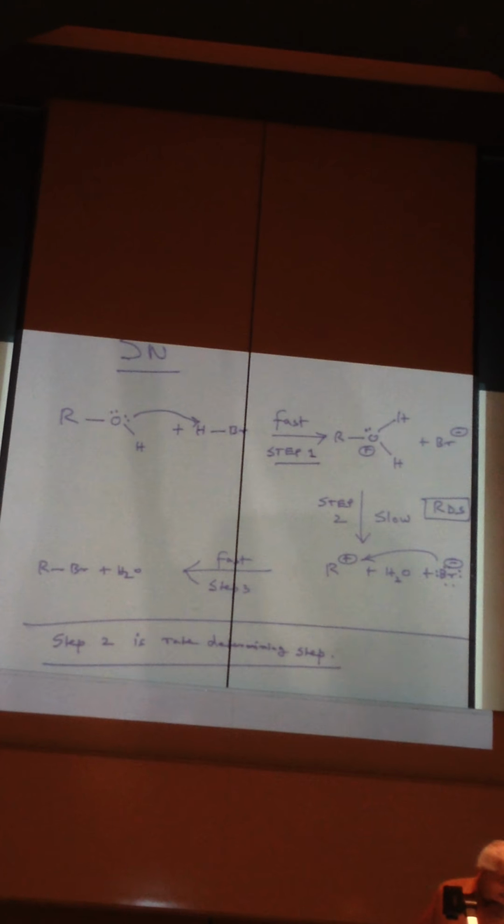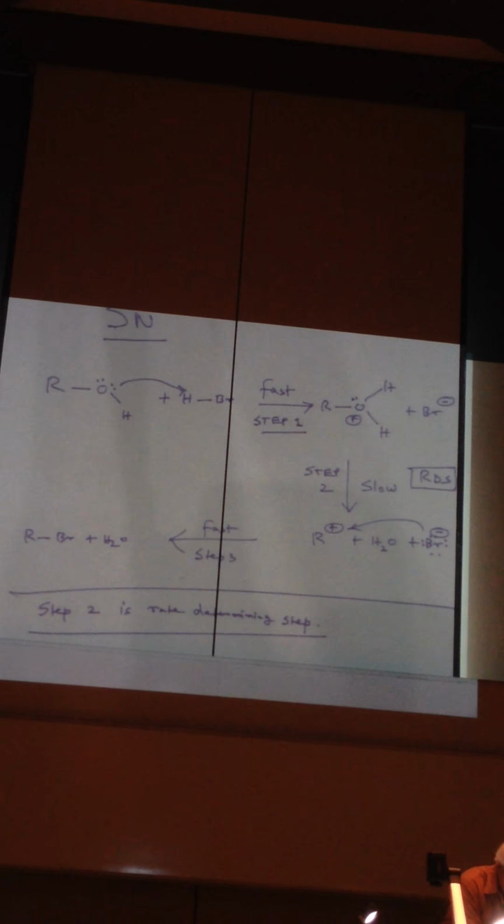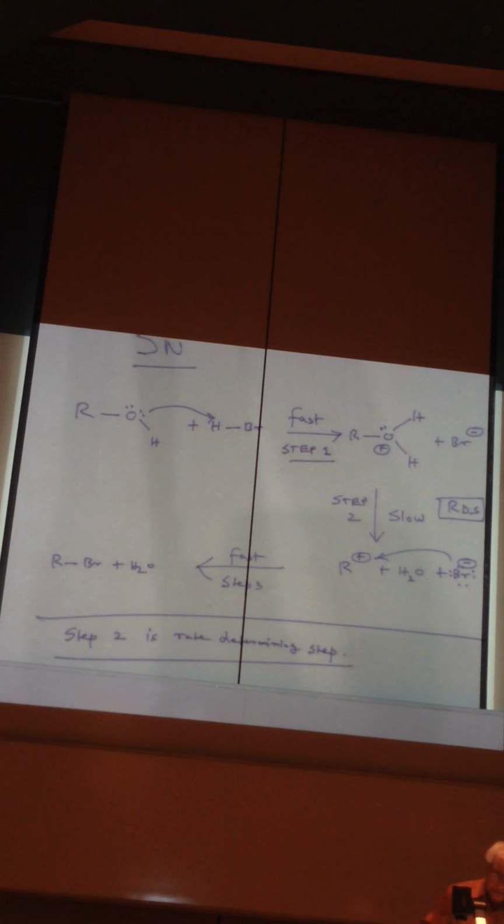So in this process now, you need to figure out how the energetics works. So the energetics are as follows, that you have started with ROH plus HBr, and it goes to ROHH plus Br minus.